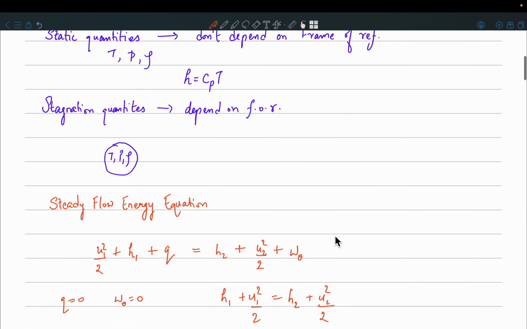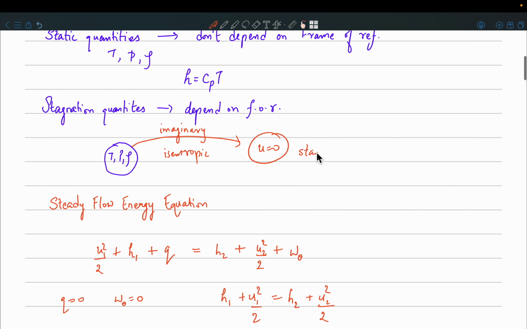Right now we discussed that if we have this static flow, we can imagine, this is an imaginary process. I want you to be very careful about this. The imaginary process is that I am going to isentropically bring this flow to a stationary state, with a stationary frame of reference, right? And it is going to be isentropic. We call this the stagnation state.